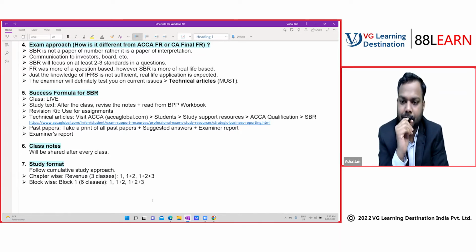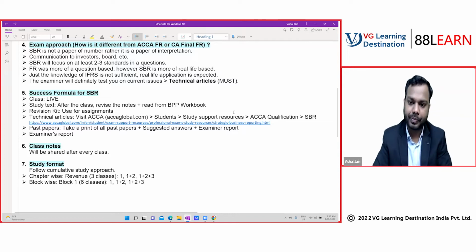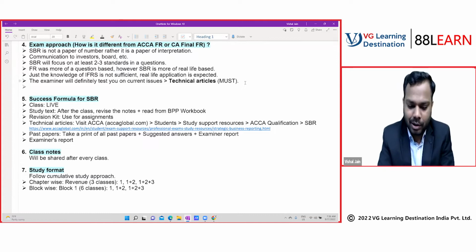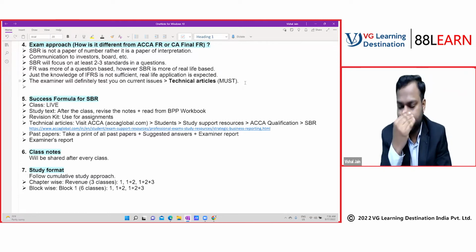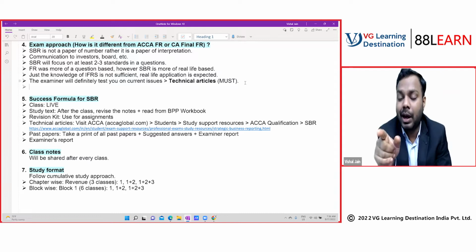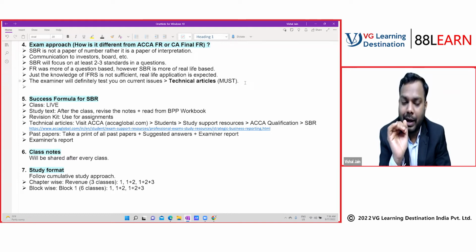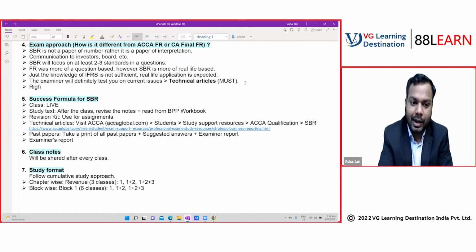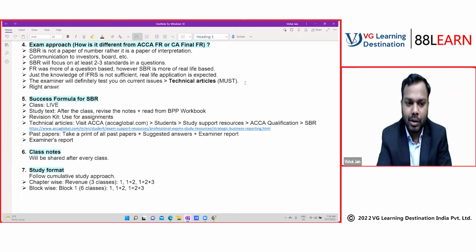Anyone? Pass percentage. Generally, the pass percentage of SBR is very high compared to other papers at the professional level. The reason: in SBR, none of the answers are wrong answers, unless you are writing a wrong IAS or IFRS treatment. Otherwise there are no wrong answers. If you have written the right answer, it is always right.